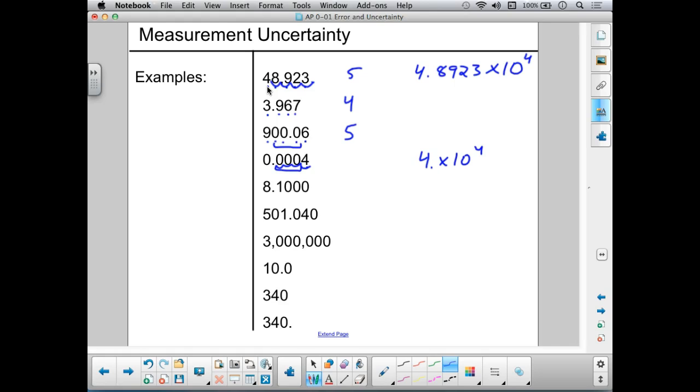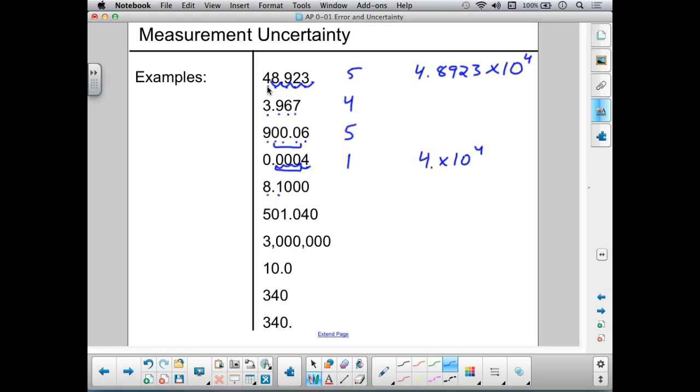You notice I only need one digit, the 4, to write that in scientific notation. So only one of those values is significant. Those zeros are not significant. I only have one significant figure on that value.